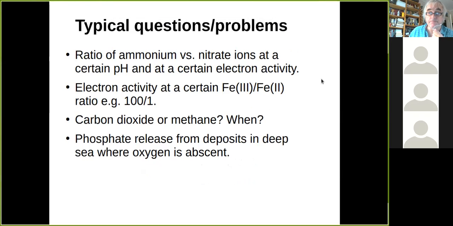So, typical questions or problems that we can decide with these kinds of redox equilibrium calculations.